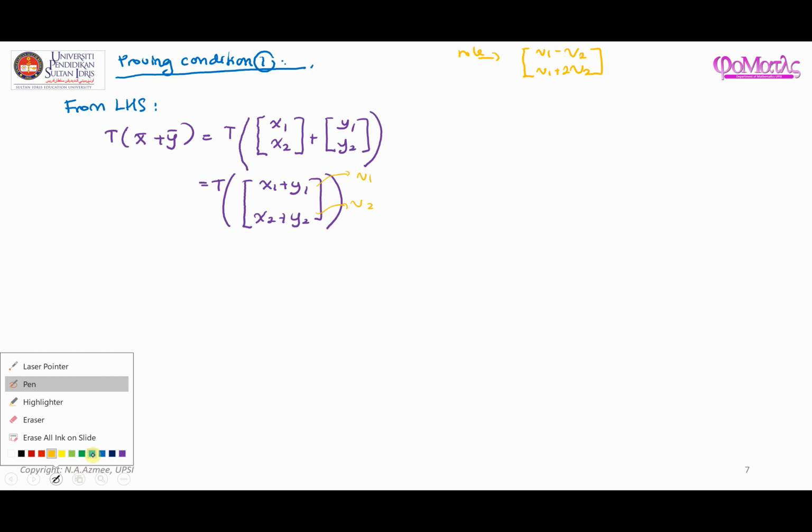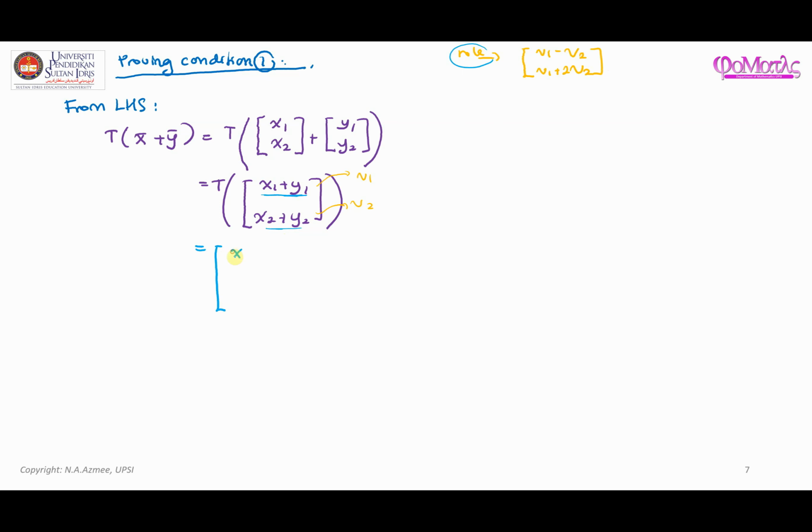Therefore, if I have this result here, this is V1 and this is V2. According to the rule given here, the result will look like this. So we have x1 plus y1 minus V2, which is x2 plus y2.